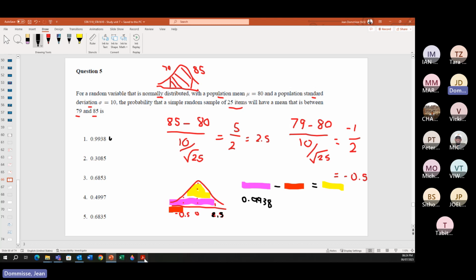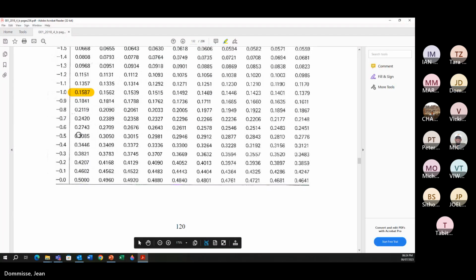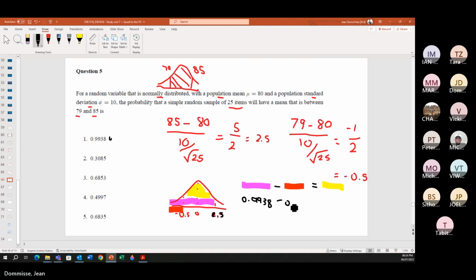The minus 0.5, 0.3085. Again, 0.3085 was an option. If somebody chose that option, you would probably get 1 out of 4 in the assignment. But we need to subtract those two from one another.